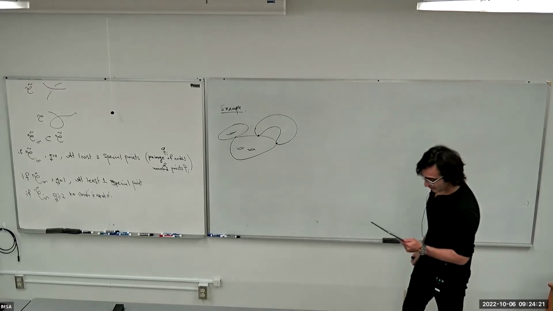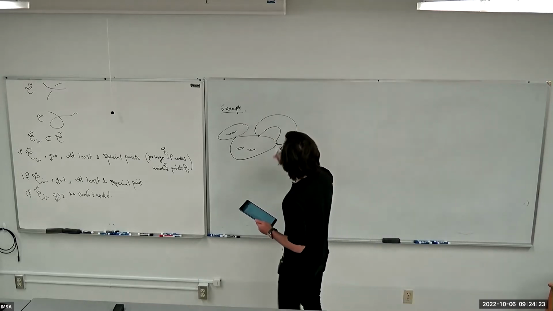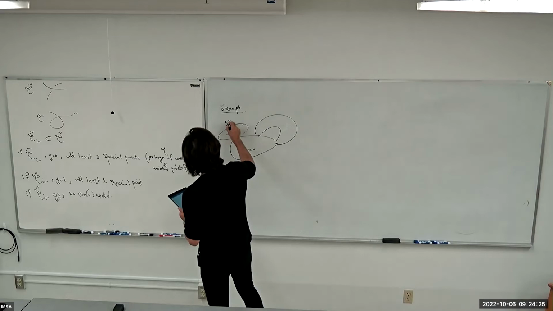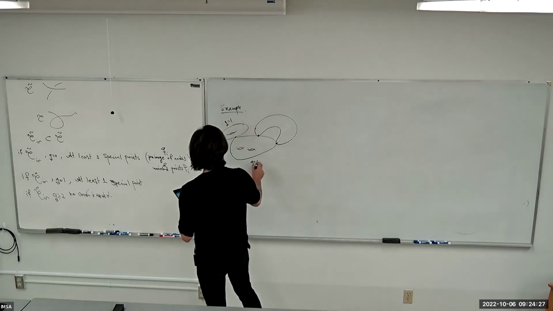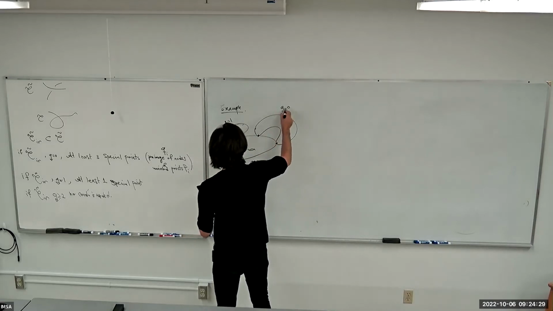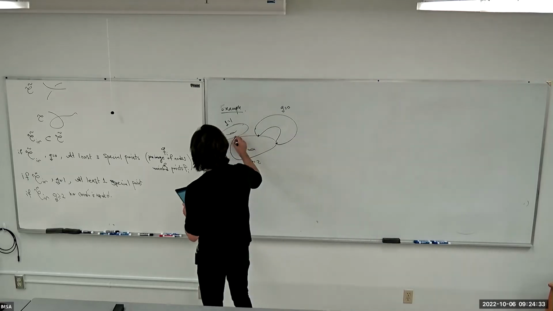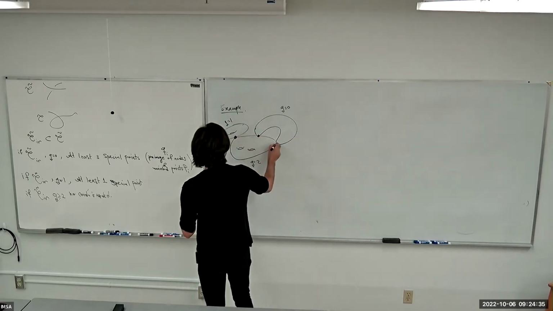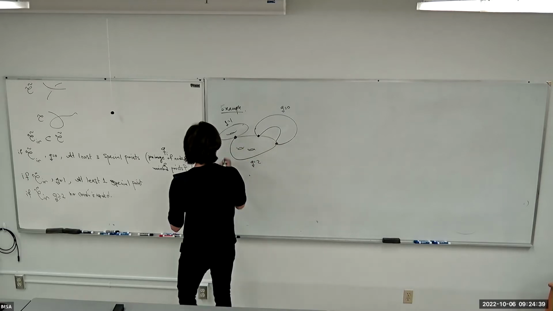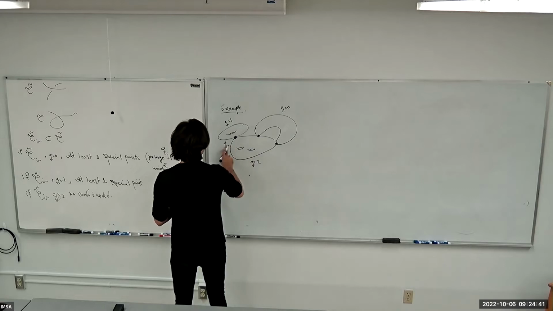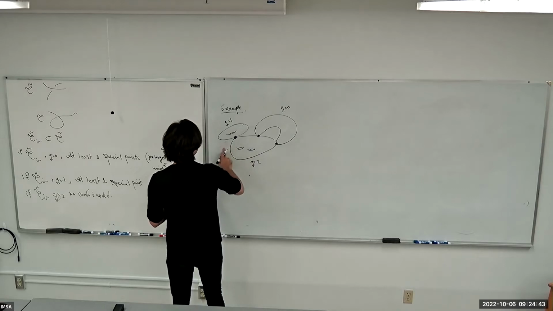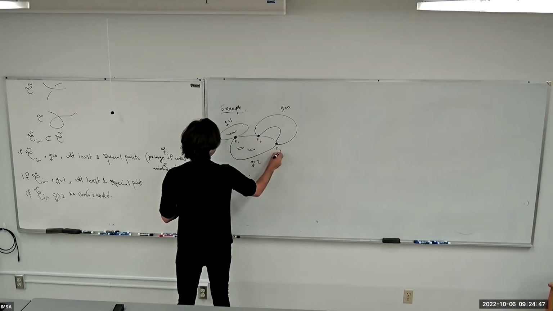So this is genus 1, this is genus 2, and this is genus 0. In this picture, you are looking at nodes. So these are the nodes. I can call them x1, x2, x3.